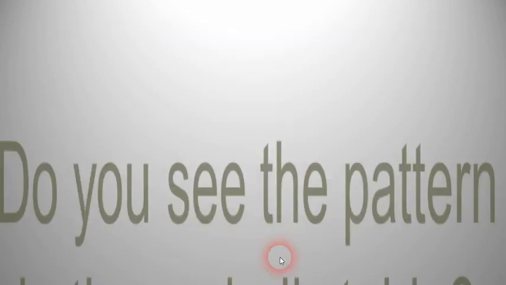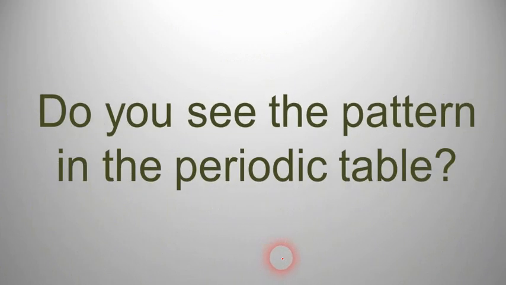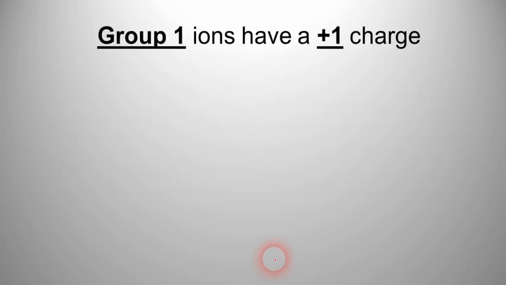Now, I hope that you can see the pattern in the periodic table here. We see that there are patterns in valence electrons. There are patterns in how these elements are going to obtain an octet. And we also have patterns in the charges that they take when they become ions. So let's try this example here.